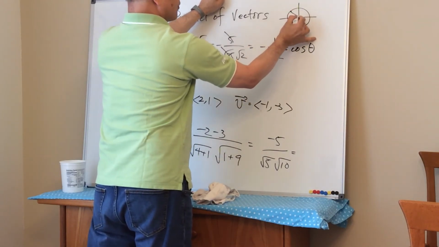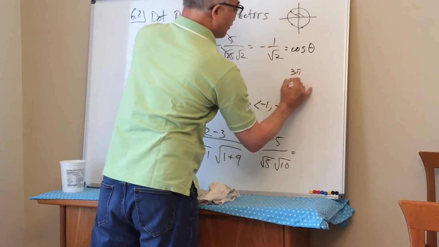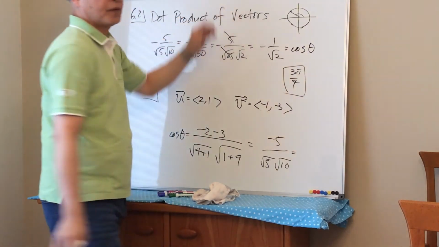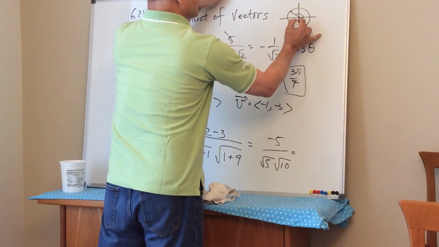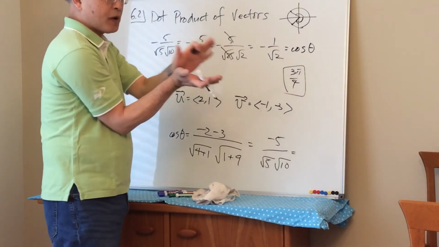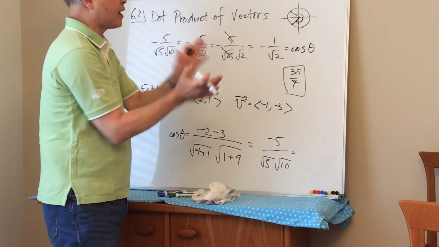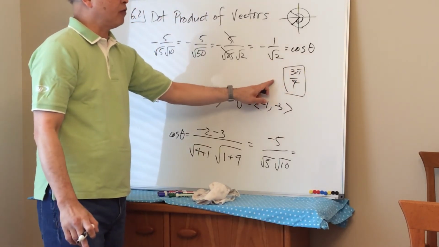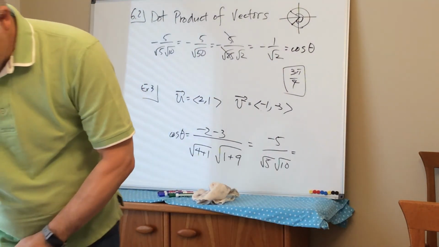So if we go here, this is going to be 3 pi over 4. The other one is just negative 3 pi over 4, so it doesn't really matter which way we're going. The angle between the two vectors is going to be 3 pi over 4. So that's that.